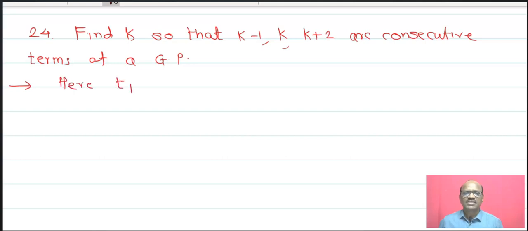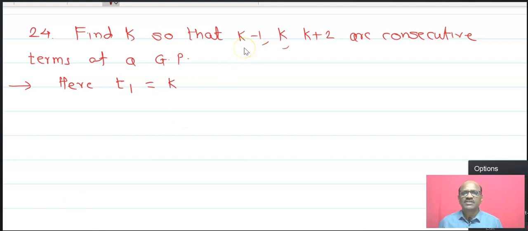That is, these are the consecutive terms. Means what? The first term T1 is equal to k minus 1, T2 is equal to k, T3 is equal to k plus 2 are the consecutive terms. Then find the value of k.